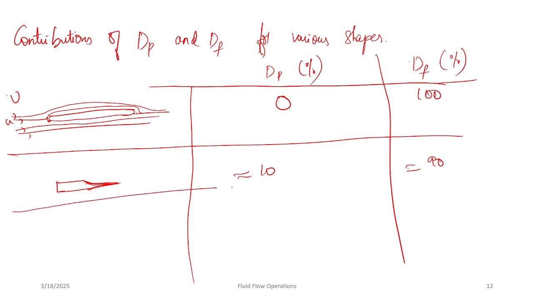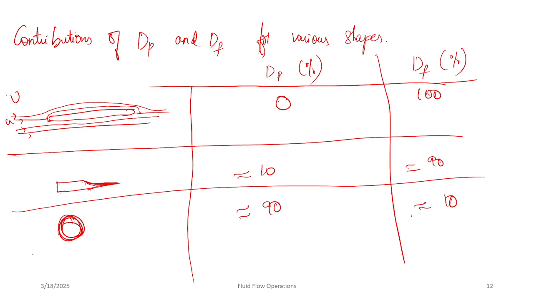If you consider the example of a sphere or a cylinder, pressure drag will be around 90%, and frictional drag will be around 10%.